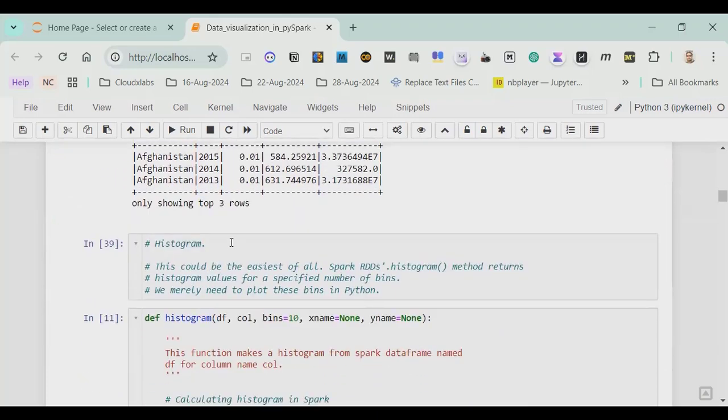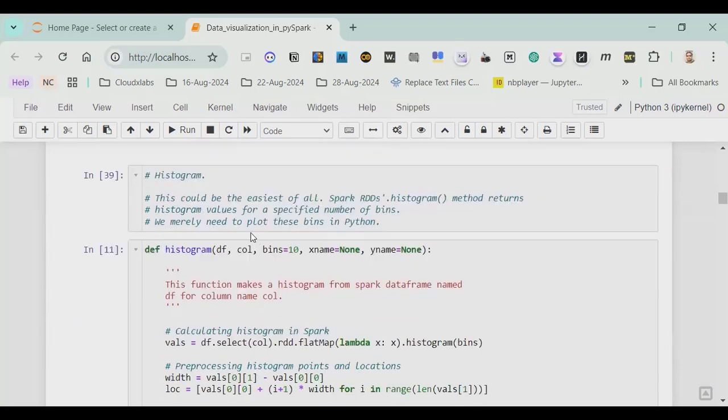Now let's create one plot called a histogram. First, let's try to understand what a histogram is. A histogram is nothing but a display of how the data is distributed.